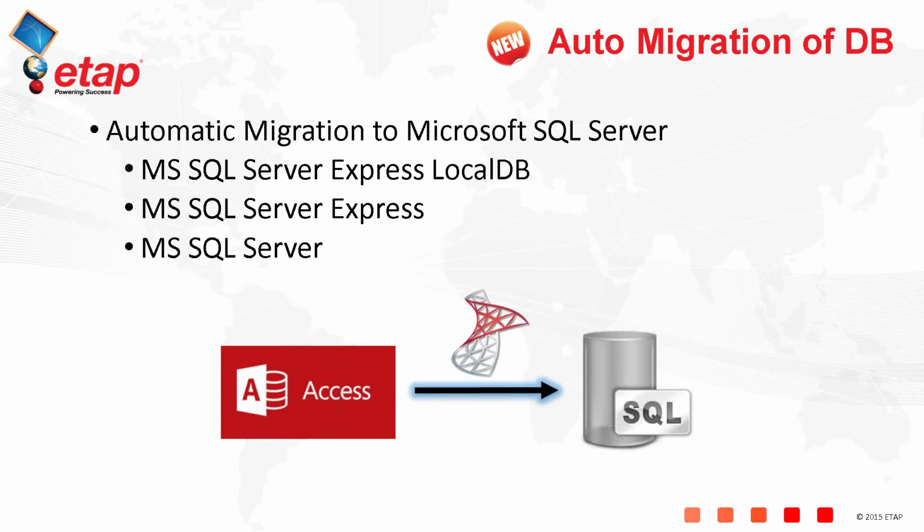It'll be more efficient handling larger projects faster, and this is all done behind the scenes. So when you first open a Microsoft Access project in 12.6, 12.5, or any of the existing versions of ETAP, you save that project, you then open that project using the new ETAP 14 version. The migration will be performed in the background automatically.